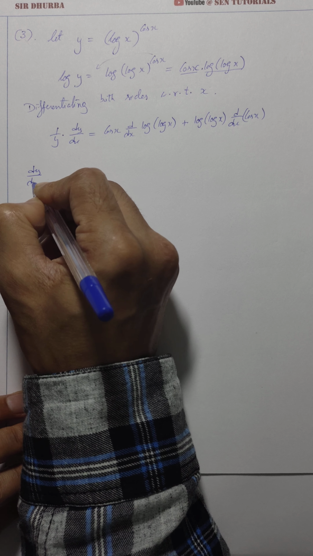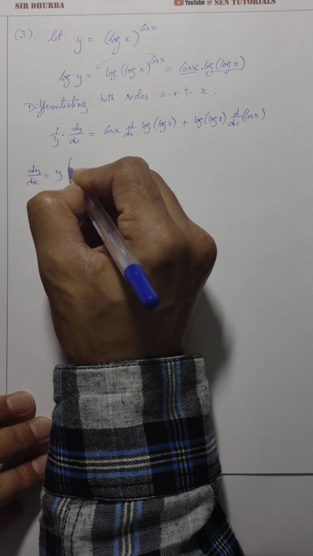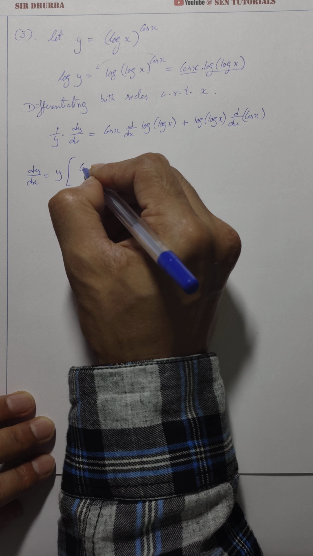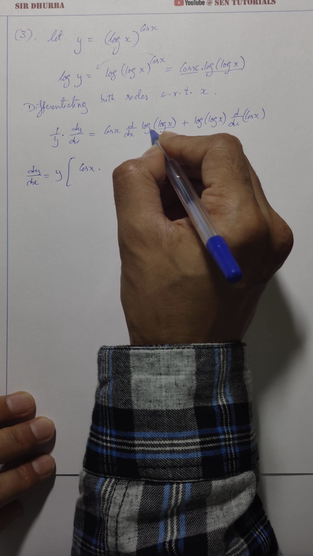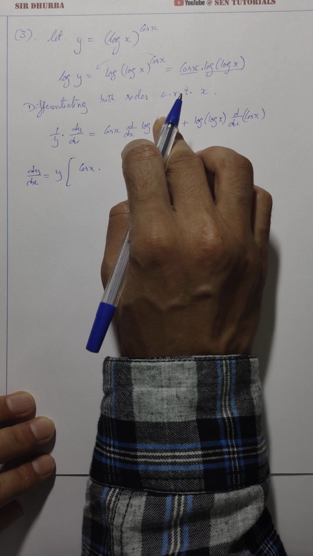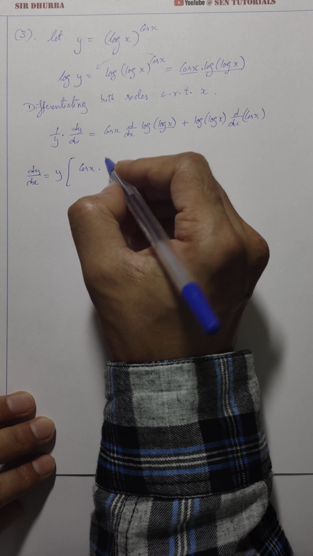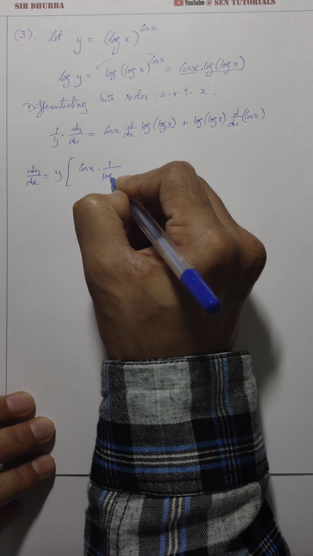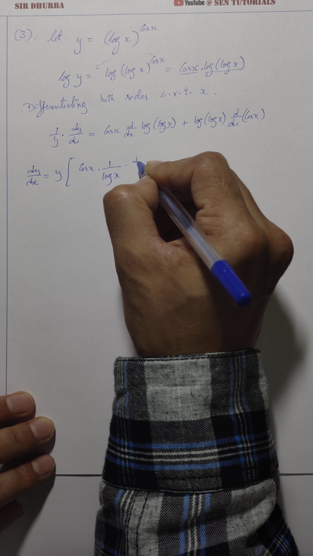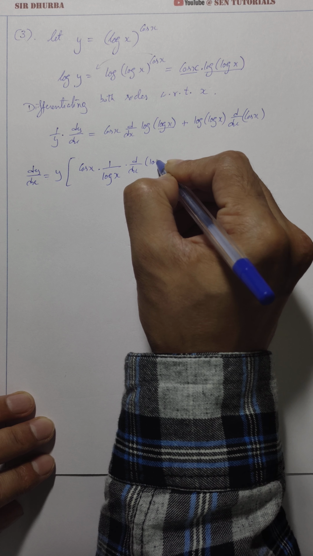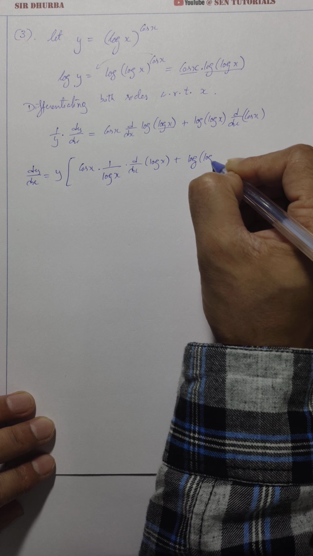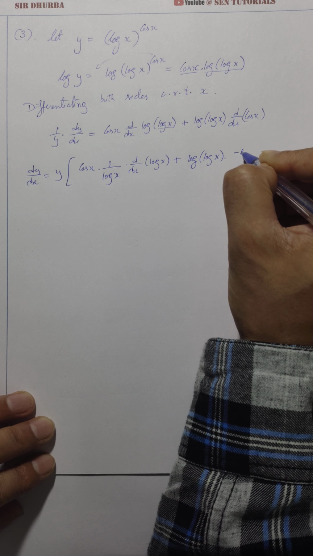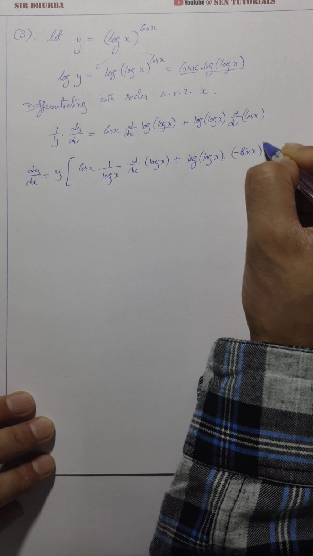So let me not make that mistake this time. I'll just start writing from the beginning. Cos x, log of log x. So what is the derivative of log x? The derivative of log x is 1 by x. But it is log of log x, so we'll have to proceed with the chain rule. Even this step can be reduced. As I said, it is my duty to show you all the steps, otherwise you will blame me later on.